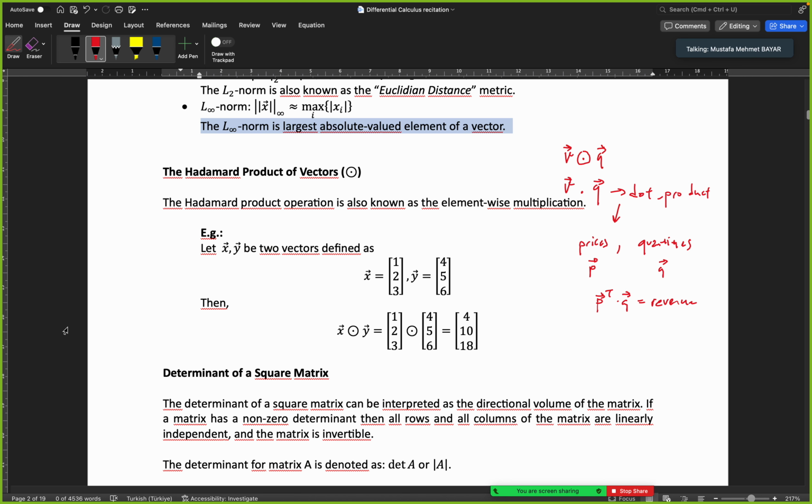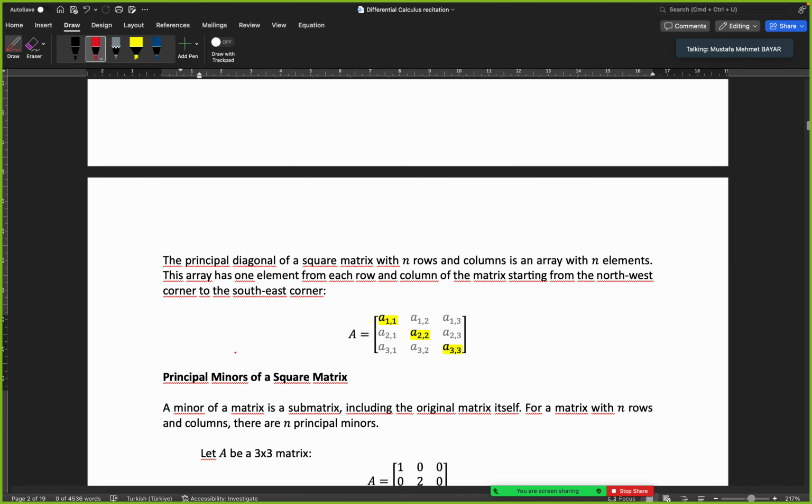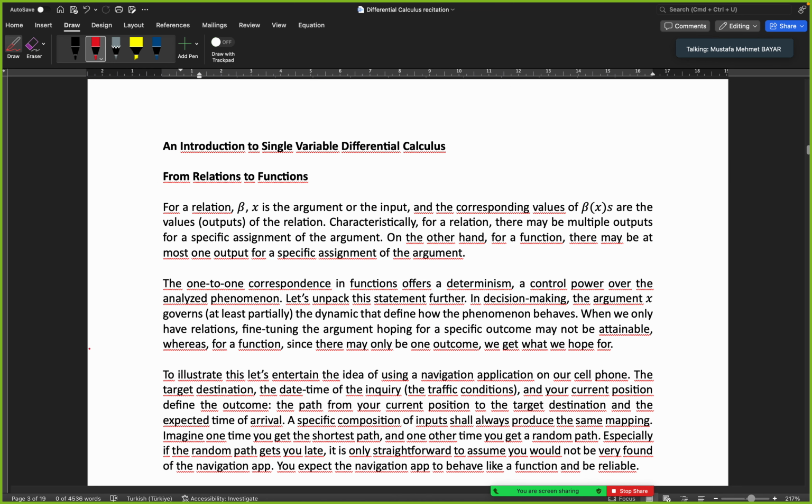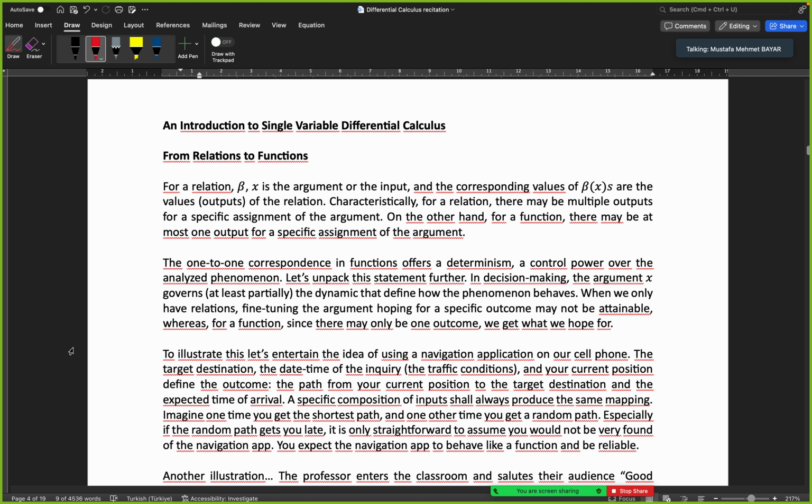So that was all about linear algebra. And then we started talking about single variable differential calculus. And we had a different approach. We didn't just dive into the computations. Instead, we started our journey from talking about the difference between relations and functions. So a relation is not a deterministic situation. So let me call this beta of x0.